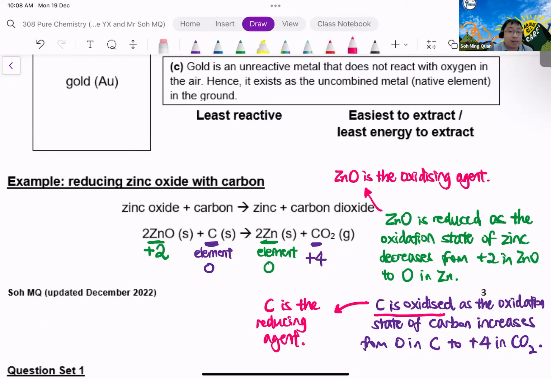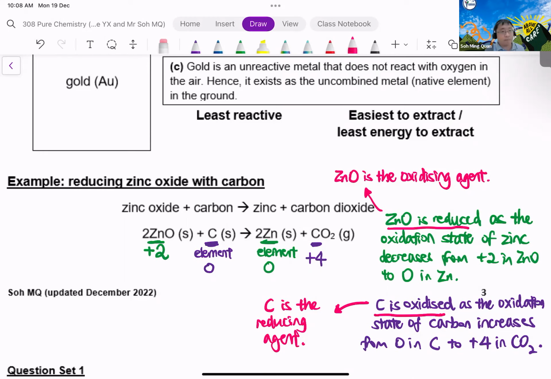How do I know that? Because zinc oxide is itself reduced. Okay. So at this juncture, you can start to see how redox is very, very relevant when we talk about extraction of metals.